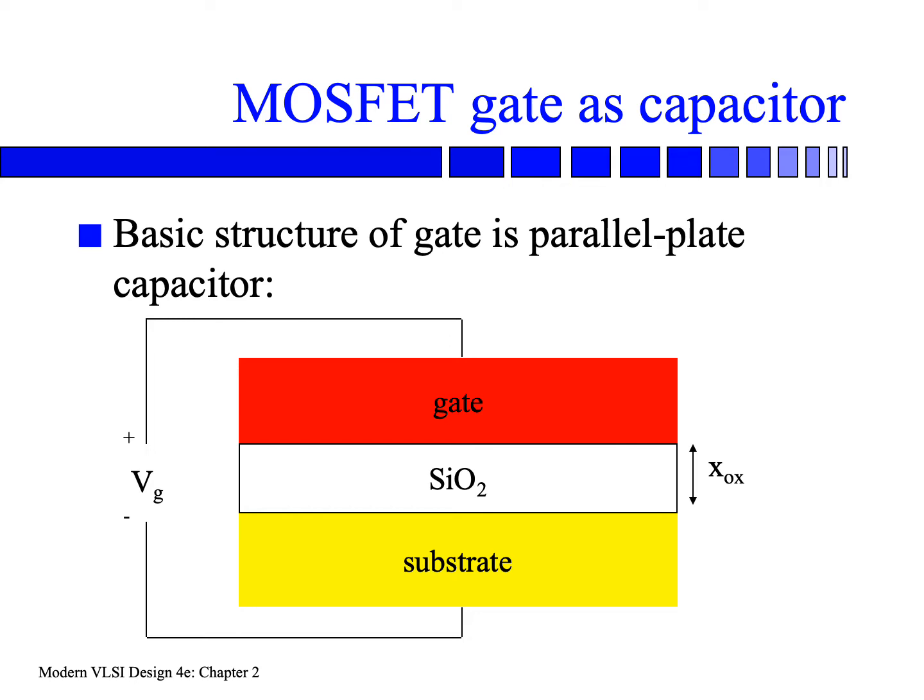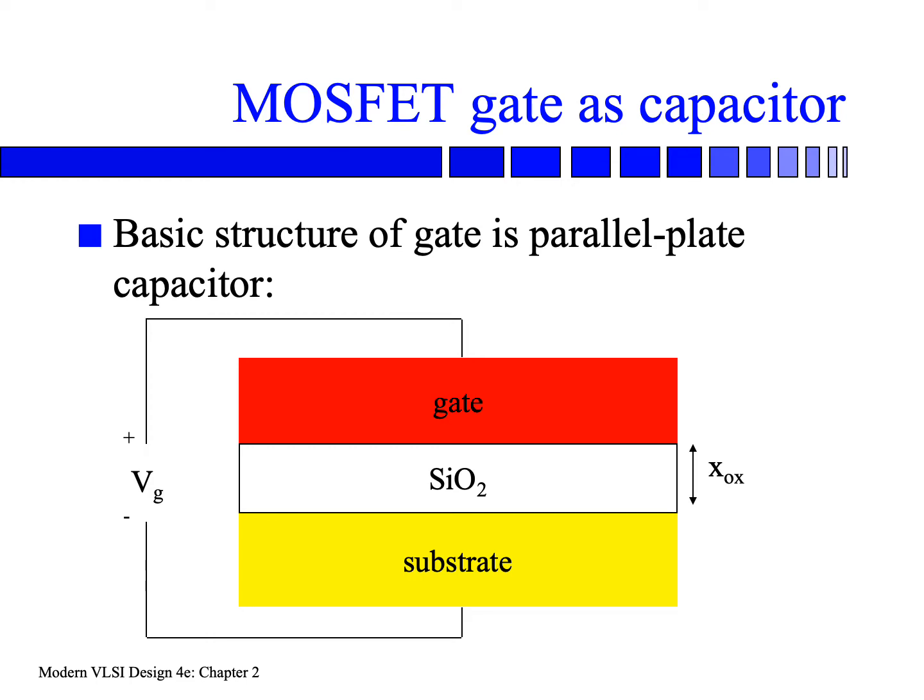If we apply a voltage on the gate and the substrate, then a capacitor will be formed, where a positive charge accumulates on the gate and a negative charge accumulates in the substrate. This negative charge essentially will form the channel.